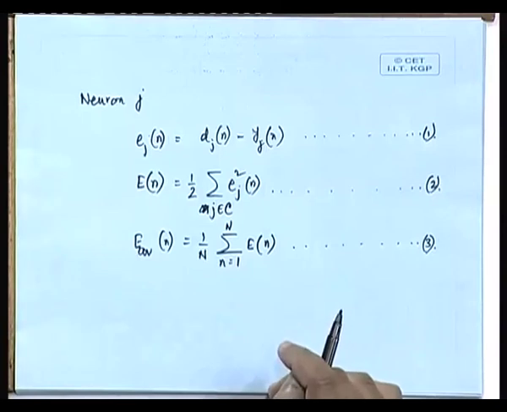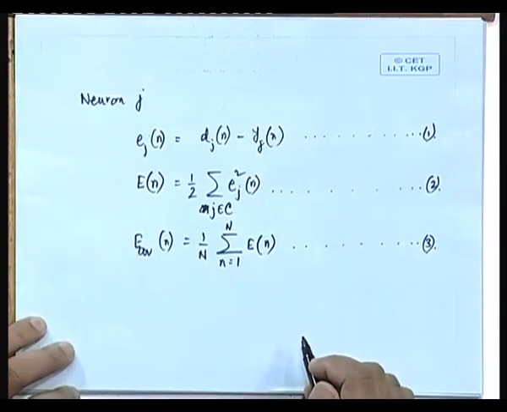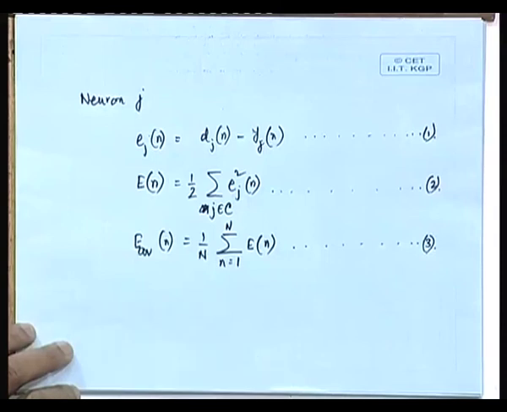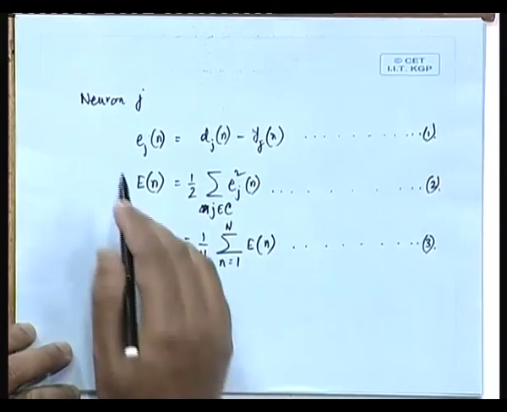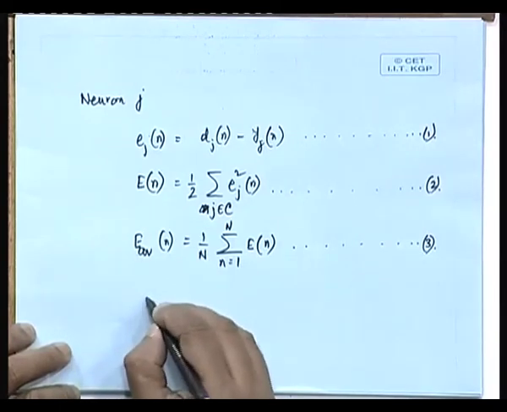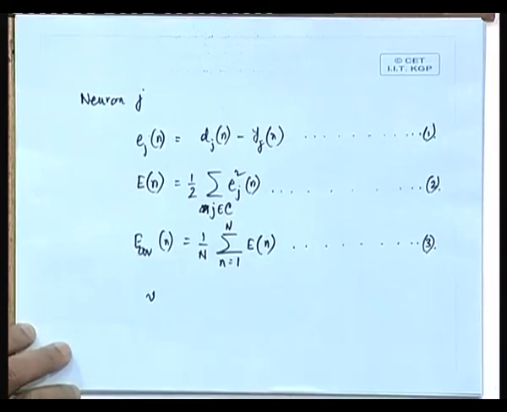Now, we can write down the induced local field at the input of the neuron j. At the input of the activation function, we are calculating the weighted summations, and those weighted summations will be modified by the phi function.